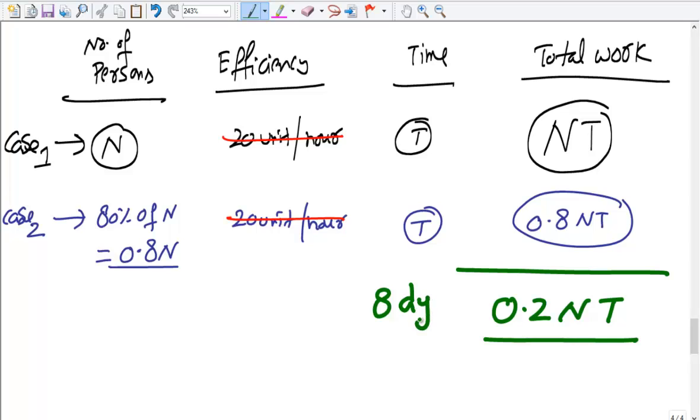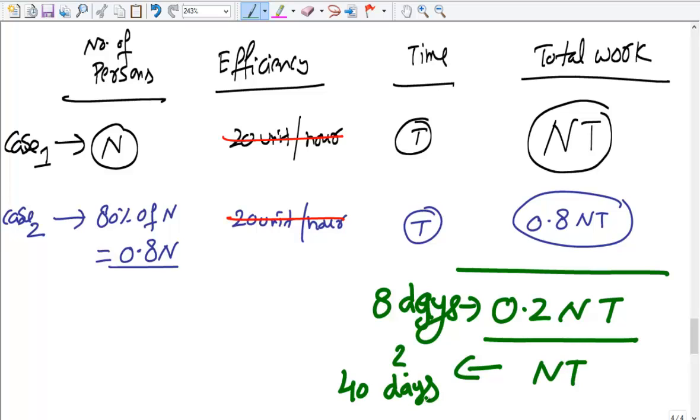They invested 8 days. That's it. In 8 days, with all the staff present, they can finish 0.2 nt, that is 20% of nt. Now to finish nt, when all the people are present, we can easily calculate that is 5 times, that is 40 days. That's what we can calculate.